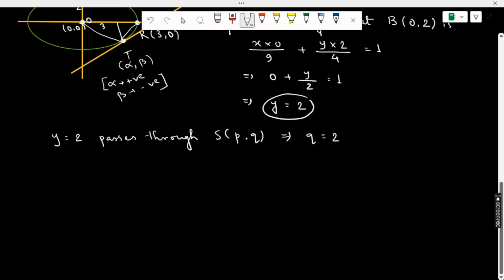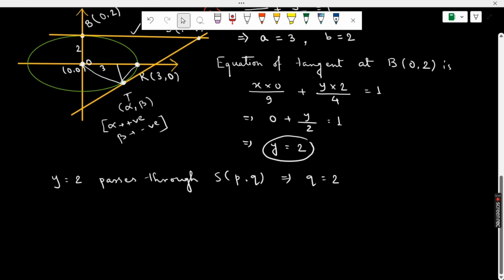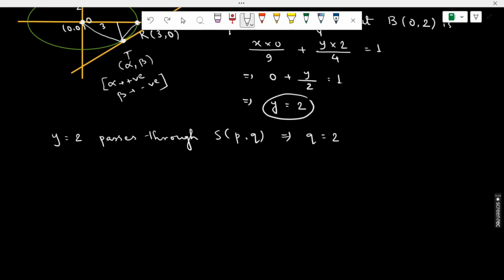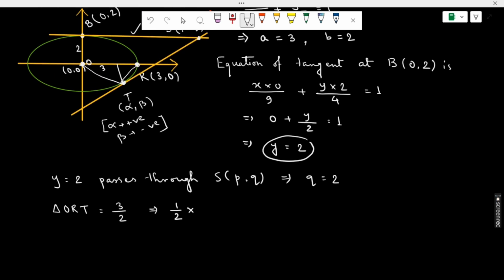Now the area of the triangle. From the picture, it is clearly visible that the height of this triangle is nothing but the y coordinate of T, and the base is 3. So it is given that the area of the triangle ORT is equal to 3 by 2, which implies half into base, base means OR, into height.